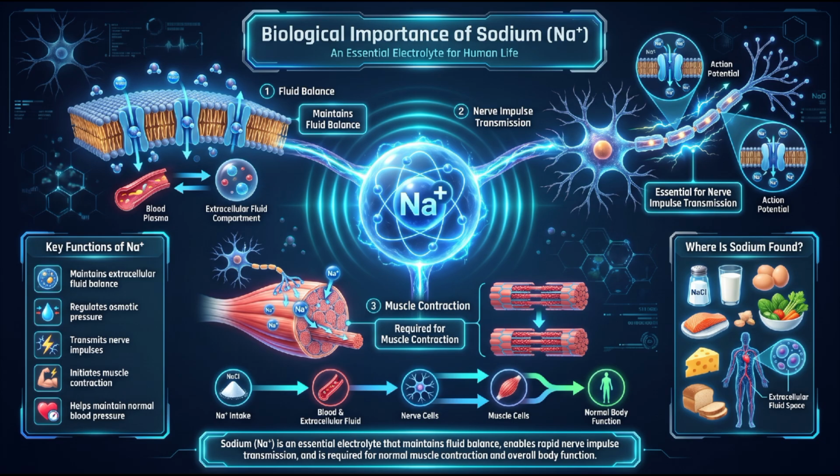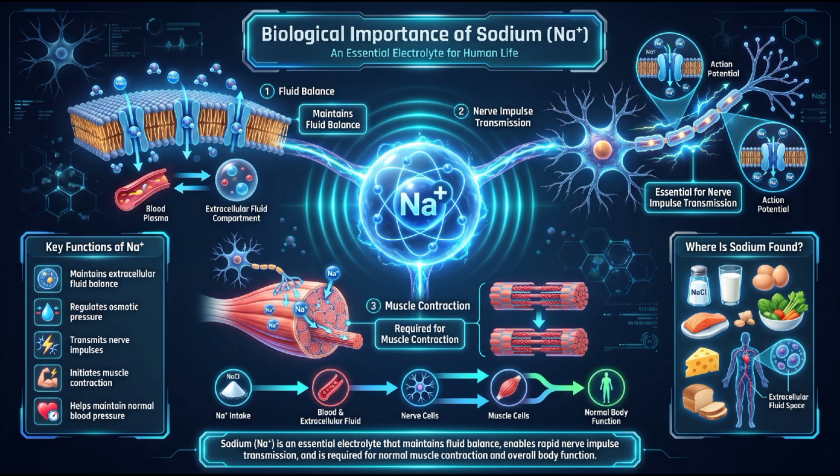After being consumed, sodium is absorbed into the bloodstream and distributed throughout the extracellular fluid, where it performs its numerous physiological functions. Inside the human body, sodium is found mainly in the extracellular fluid, including blood plasma and the fluid surrounding body cells. In contrast, potassium is the major positively charged ion inside cells.